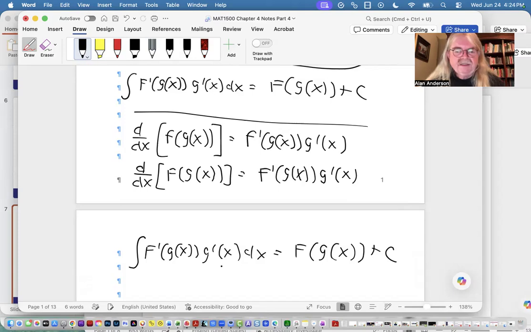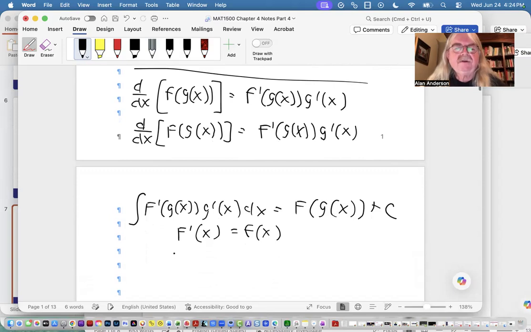But here's the missing piece, I think. Remember, capital F is the integral. If you take the derivative of that, it brings us back to the original function, which means that capital F prime of g of x would therefore be the same thing as simply f of g of x.